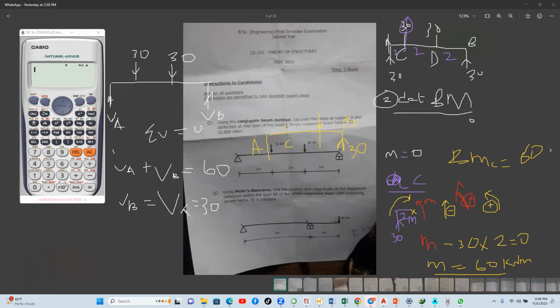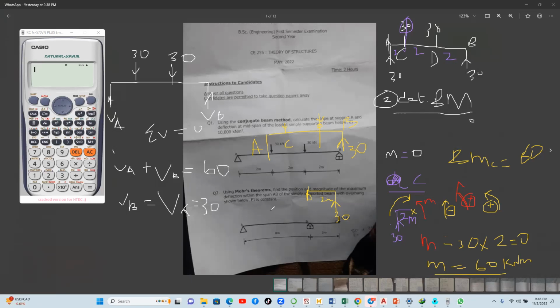So when I cut through point D, I'm going to have one of the sides to be something like this. Here is 30, and there will be no load here. Don't be deceived, because we've cut everything together with the load. And here will be D. The distance is 2 meters.